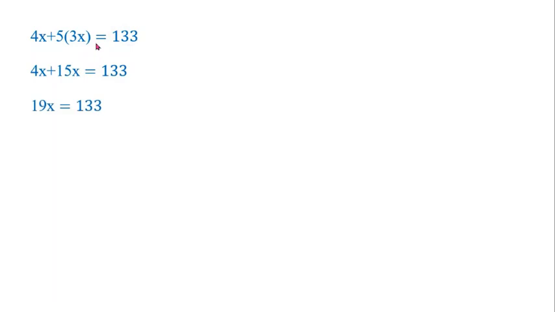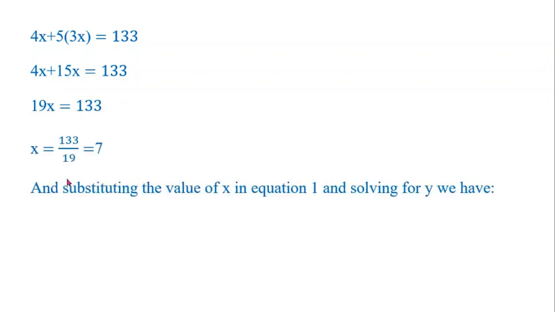So 19x is equal to 133, which means x is equal to 133 divided by 19. So, x is equal to 7. Now, substituting the value of x in equation 1 and solving for y, we have y is equal to 3 times x, which means 3 times 7, which is 21. So, the two numbers required in the problem are x equals 7 and y equals 21.